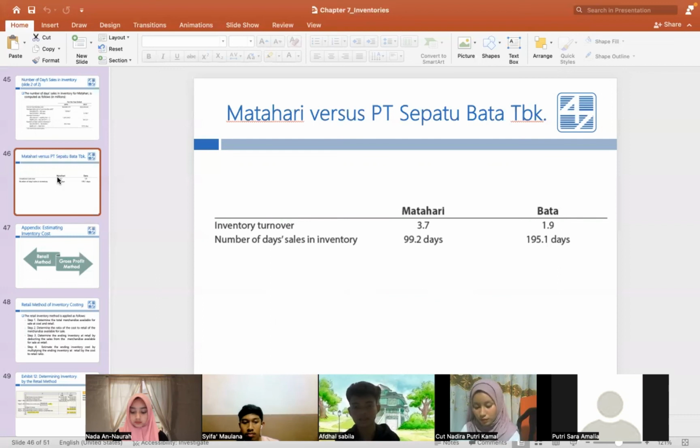Matahari is better than Bata. Matahari has the best control of inventory turnover and number of days sales in inventory, because its inventory turnover is bigger than Bata's. That is 3.7. Next.